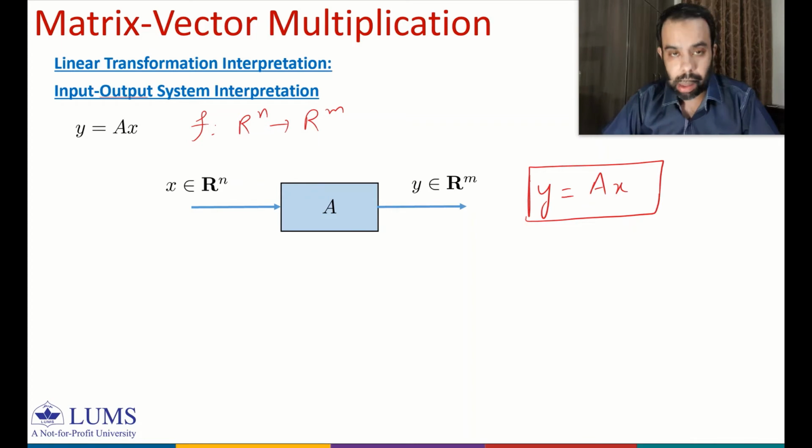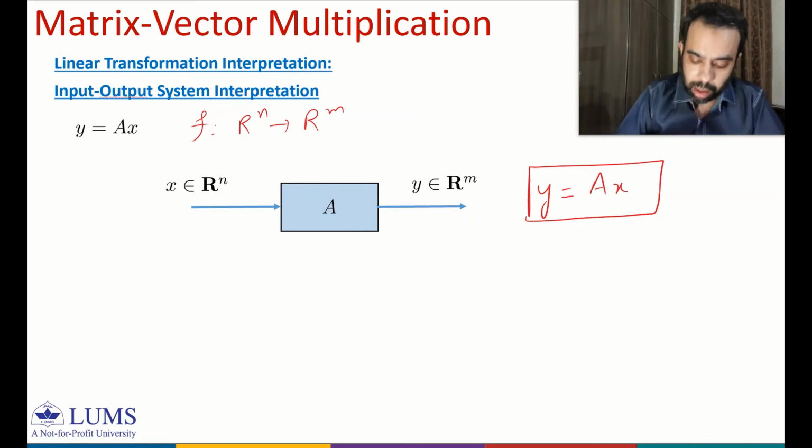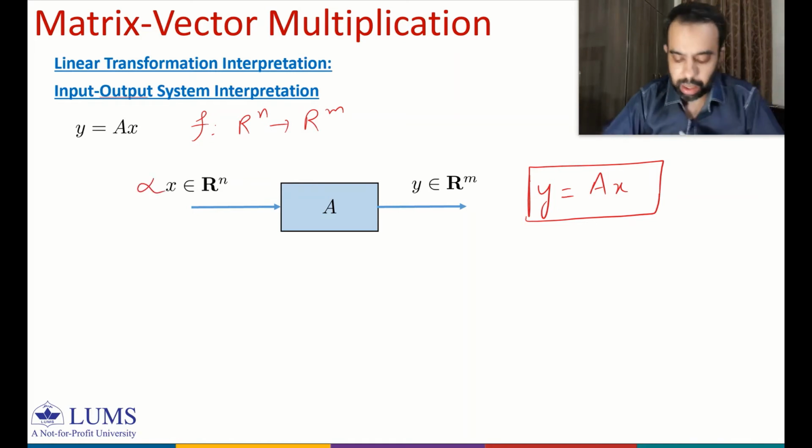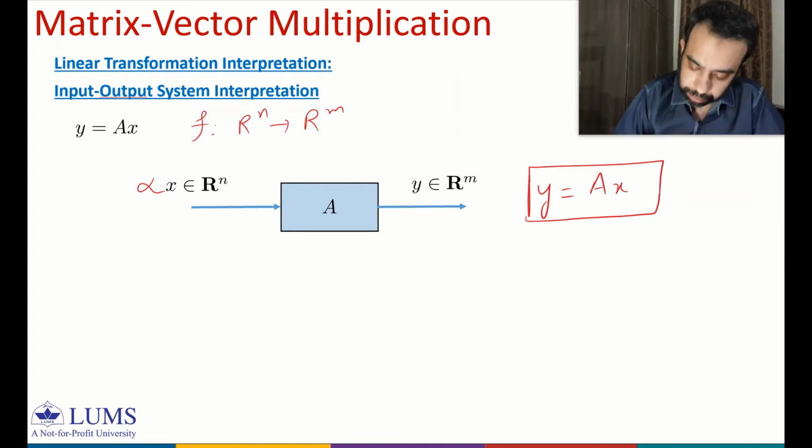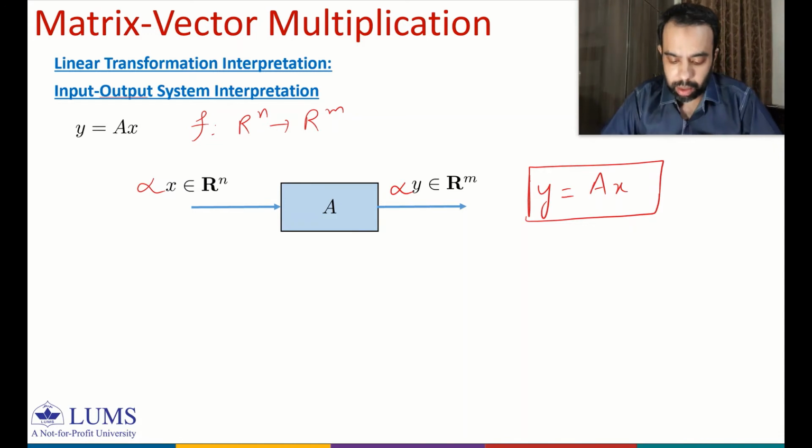The first one is scaling. That simply says if you multiply x by a scalar alpha and you pass this alpha x through a system, if the output gets scaled by the same value, we say the system satisfies the scaling property or homogeneity property. So if you get alpha y when the input is alpha x, we say the system is homogeneous.